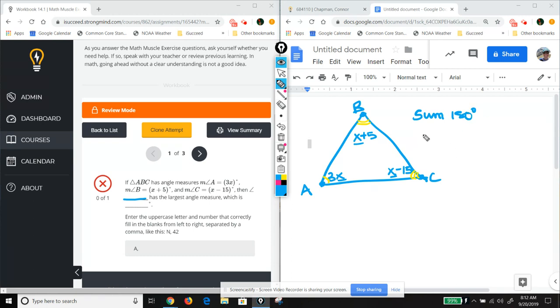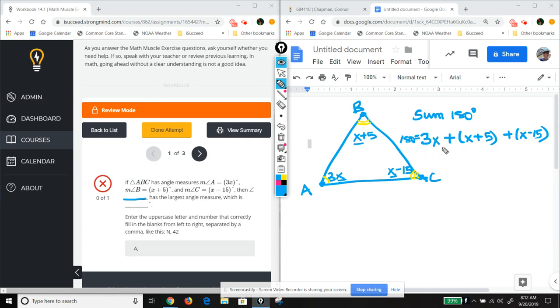So if I took the measurement of angle A, which is 3x, and added that to the measurement of angle B, which is x plus 5, and added that again to the measurement of angle C, which is x minus 15, that all has to sum up to equal 180 degrees. I wrote 180 on the left just because I was running out of room.